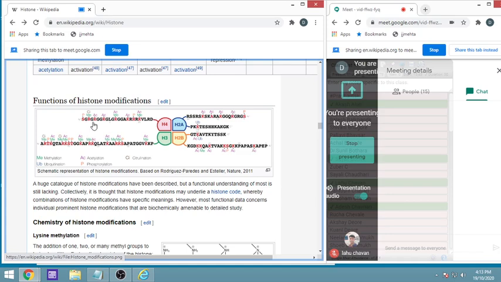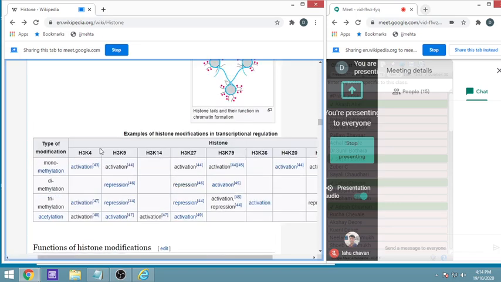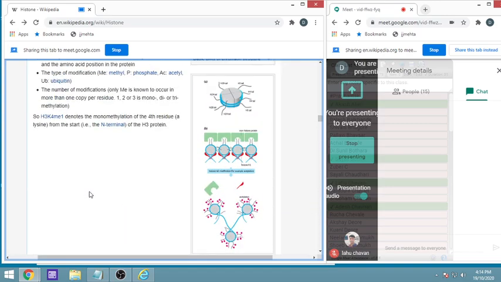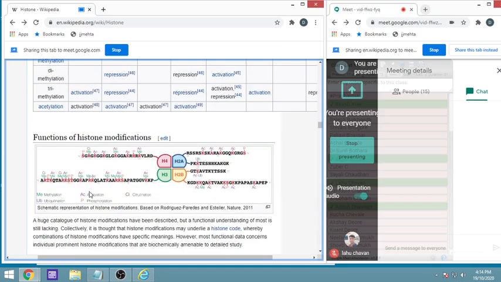Here K means lysine, as we have seen. Various amino acids are there, and as per these amino acids the names are given.